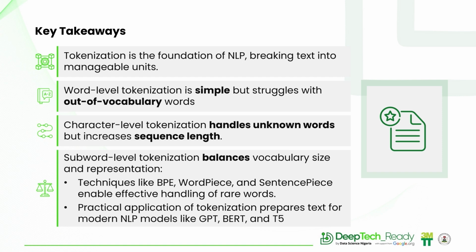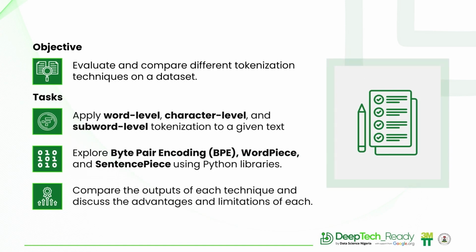To ensure you are practicing, as always, I've prepared an assignment for you. The objective is to evaluate and compare different tokenization techniques on a dataset. The specific task is that you apply word level, character level, and subword level tokenization to a given text.